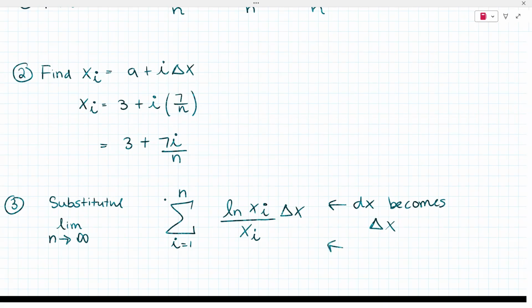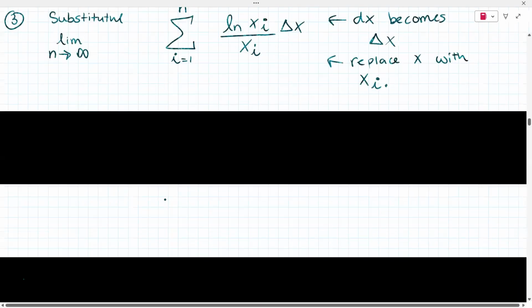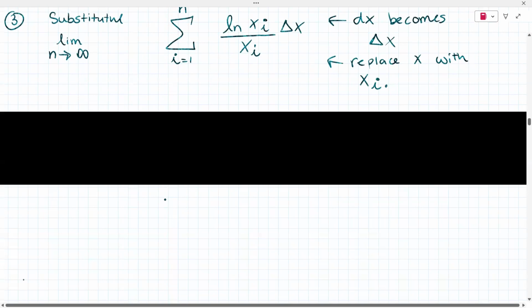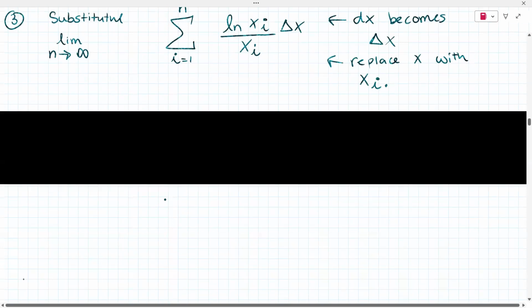So we're going to set it up. We're going to replace x with x sub i. Okay, so what it's going to look like is this.